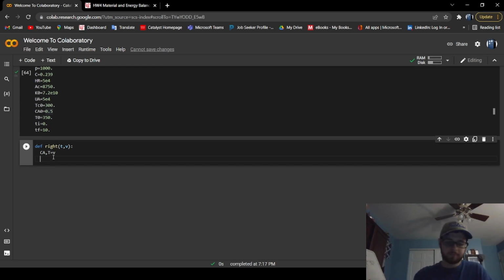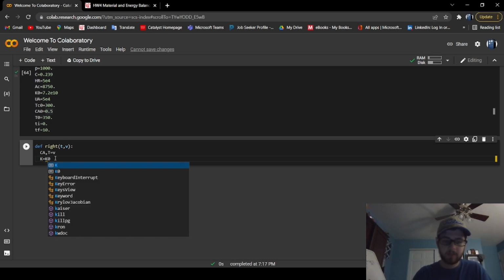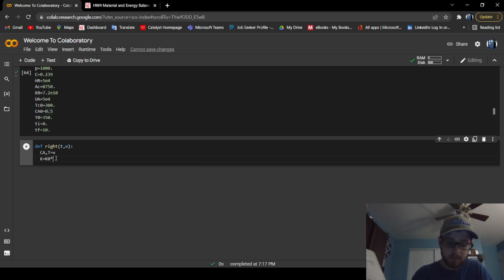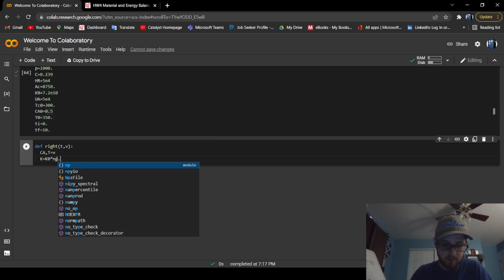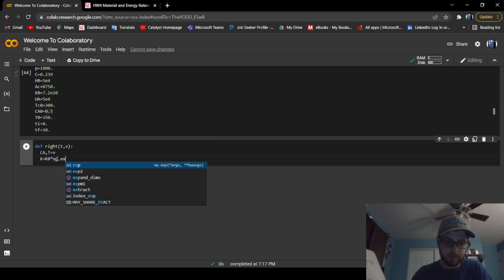And then I messed this up in the last video. I said this is the K equation, so K is equal to K naught times numpy exponential, which is just e to the whatever.